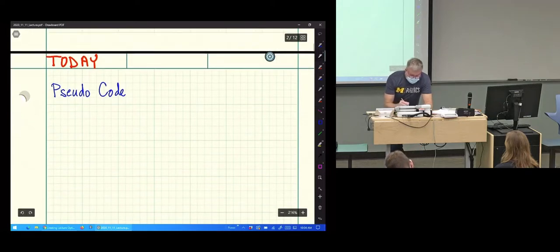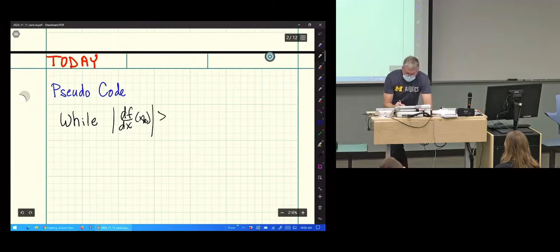But we can write this as, for example, while the absolute value of df by dx, and I'll write this as our xk is bigger than tolerance. So we should probably initialize it, I didn't leave myself any room, equals x0 equals initial value.